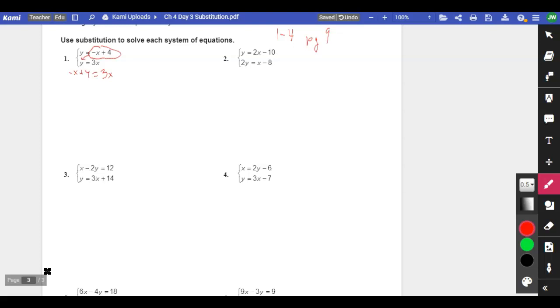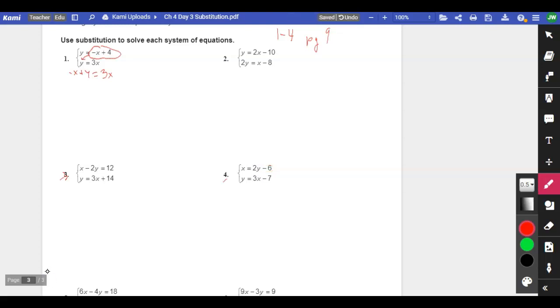But down here, you'll notice on 3 and 4 that you have an x and, or on number 4, not on number 3, sorry, you have an x and a y. Well, that gives you a little bit of flexibility on which one you want to solve. You could put this 2y in down here and get rid of the x.